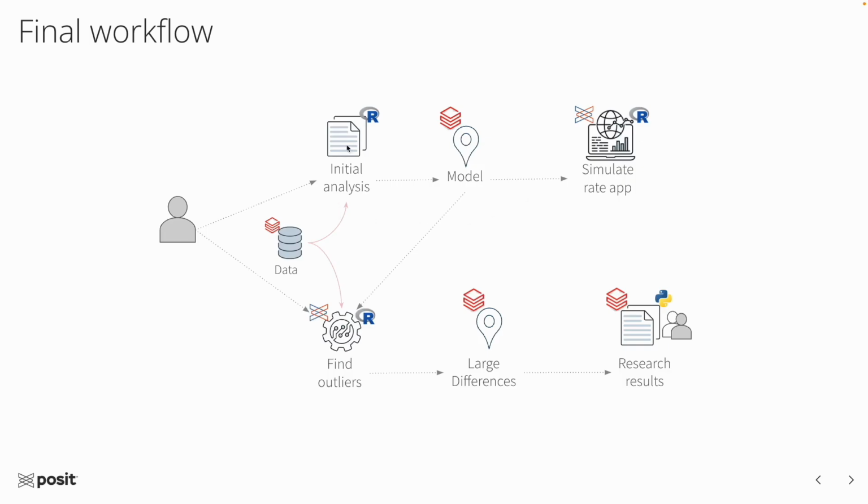And we also had that initial analysis create essentially another job that will help us automate the process that reads the model, reads the data from Databricks, and through that scheduled job inside Posit Connect, automates the creation of, or rather the update of the large differences pin, which can then be used by others inside the organization to continue researching, even in a different language.